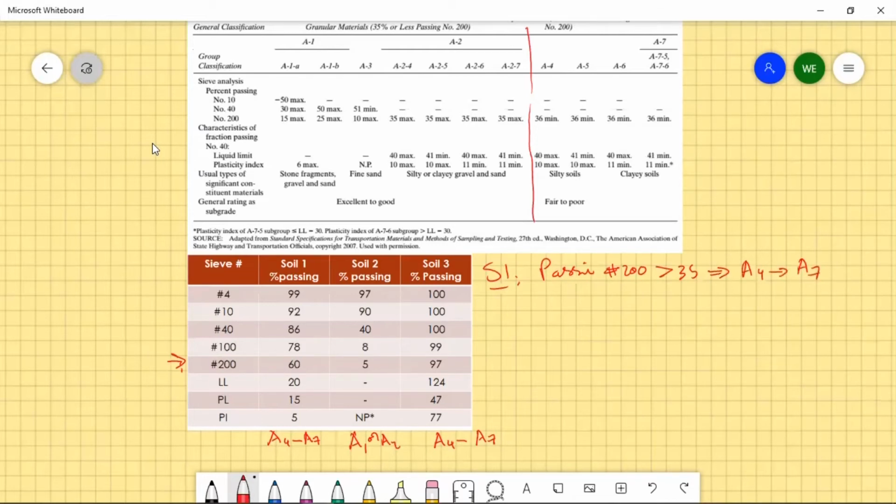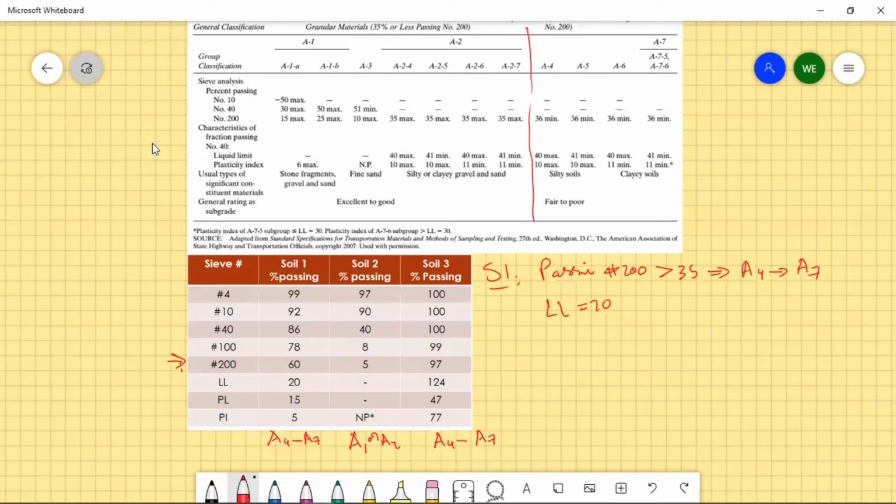Then we go to the plasticity data, the liquid limit and plastic limit for the soil. These are the conditions. The liquid limit equals 20.